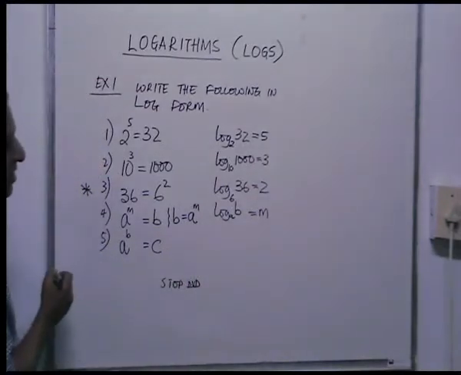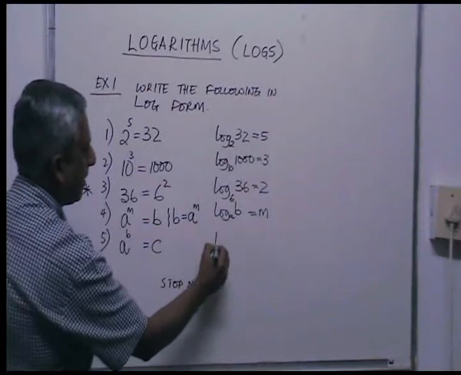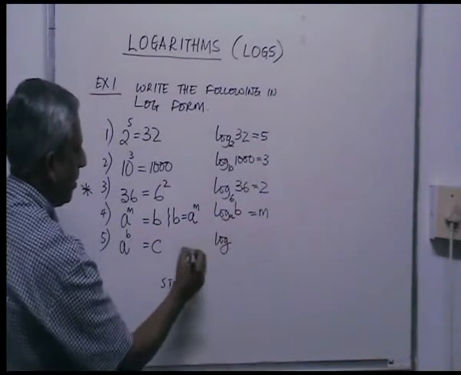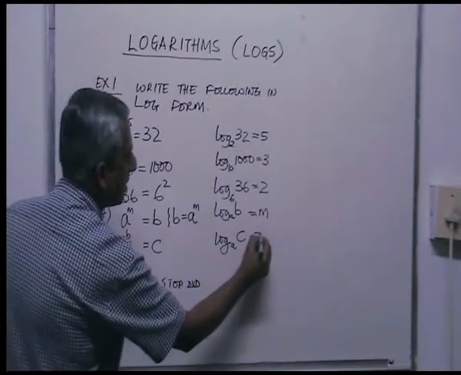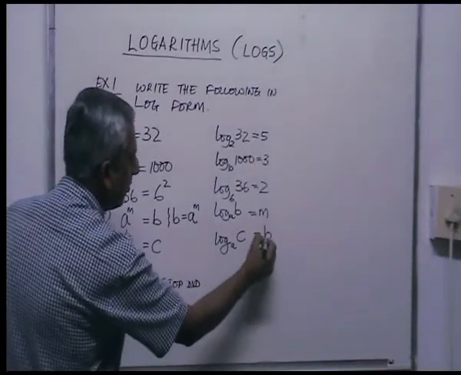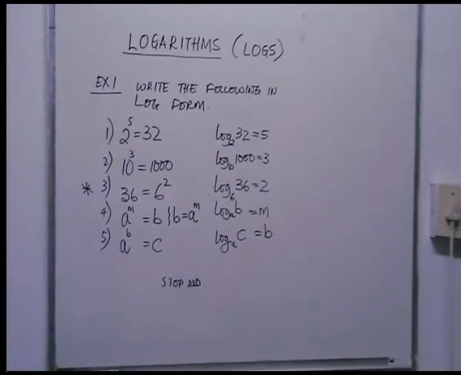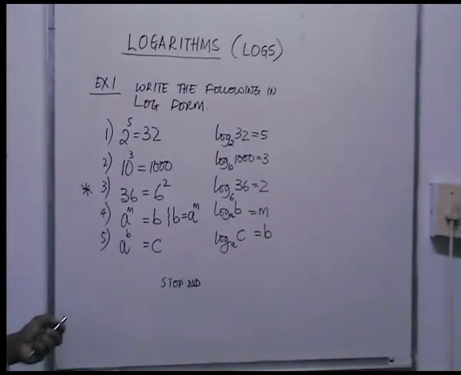And finally, number 5, the log of c to the base a is equal to b. Now, note carefully that we have used letters in these questions. We have letters or variables.